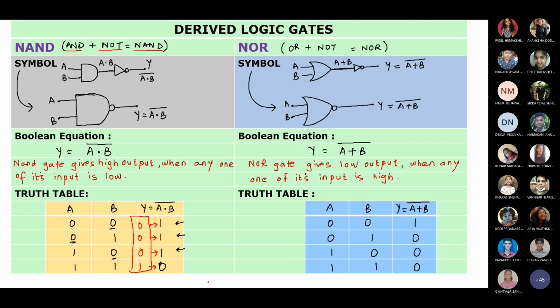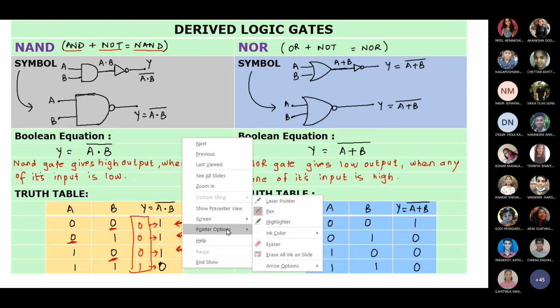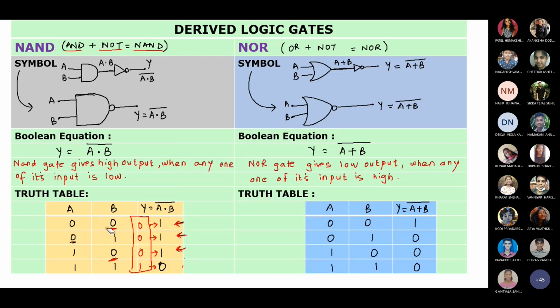Hence from the truth table we can derive the definition that when A or B is low, your output is high. So the NAND gate gives you high output when any one of the inputs is low. Is NAND clear to everyone?